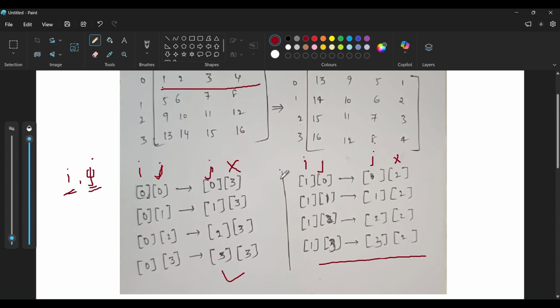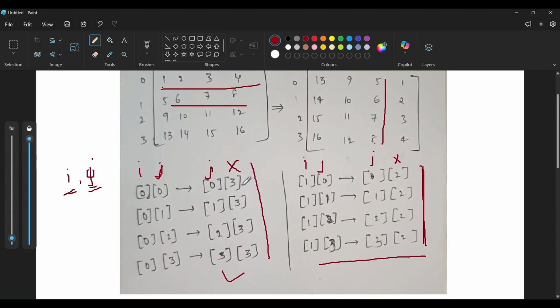For the first row the x value is common for all the elements. For the second row the value of x is common for all the elements, right? It means for the column it's the same, so the x value is the same for all the elements here.